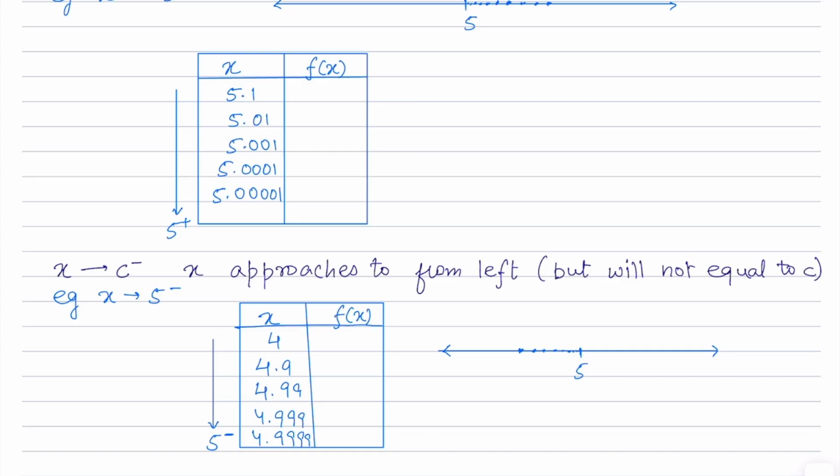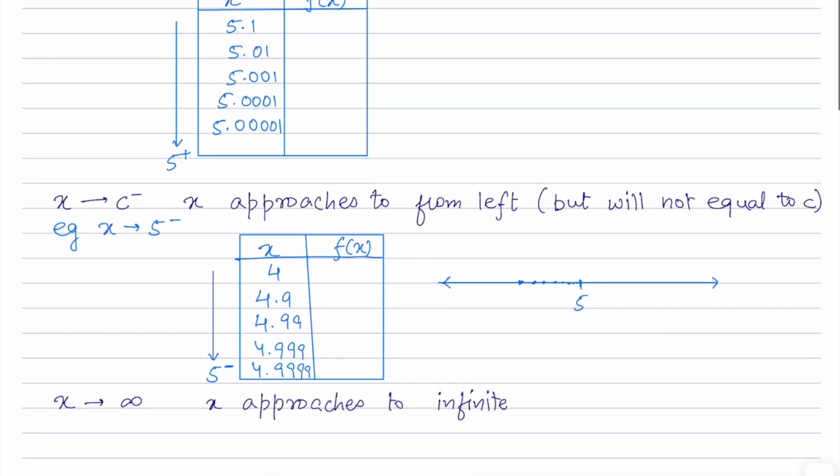Similarly, we say x is approaching to infinity. So this means x approaches to infinity. So x is increasing without any bound.